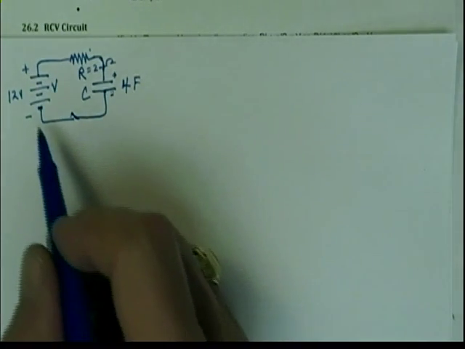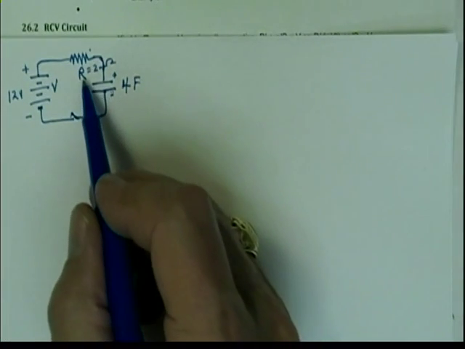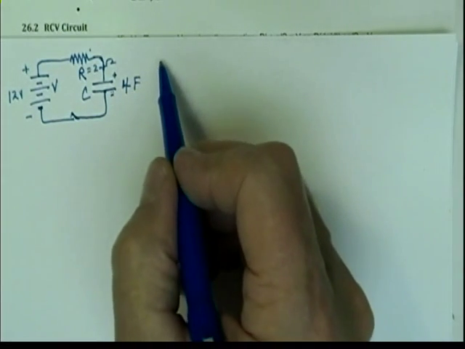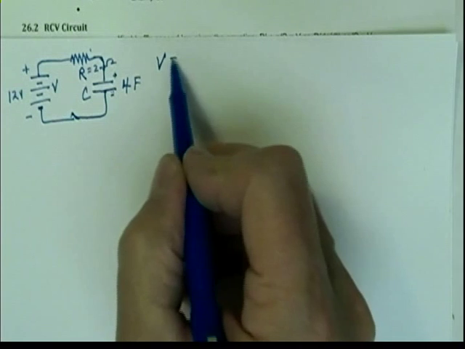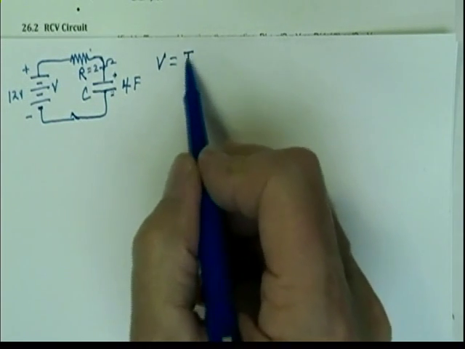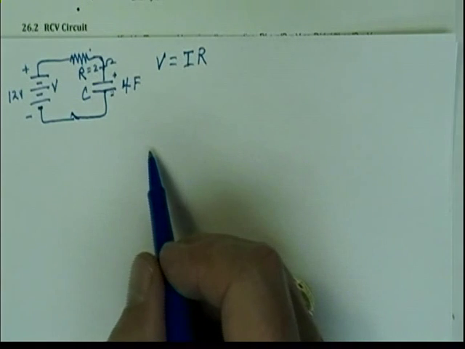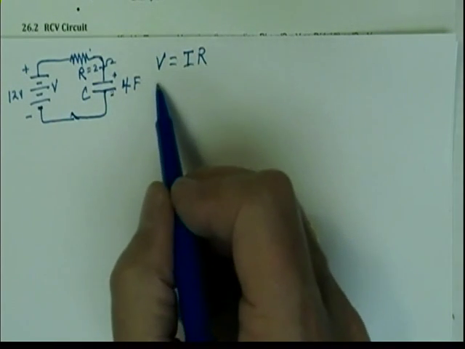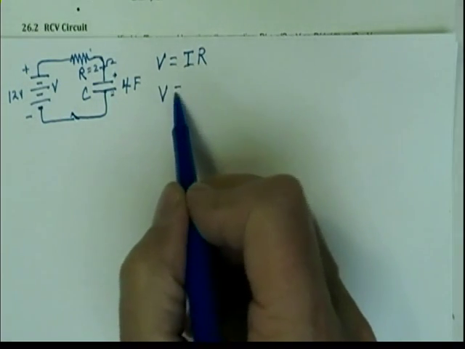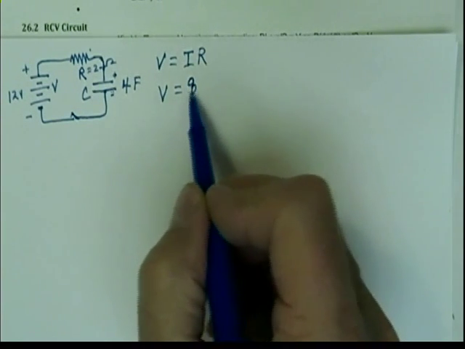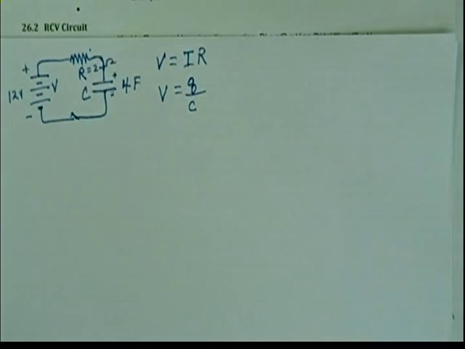Now we need to know, in order to work this problem, how resistance is related to voltage. And you remember that we had the equation voltage is equal to the current times the resistor, V = IR. And for a capacitor, you recall that the voltage was equal to the charge divided by the capacitance, V = Q/C.